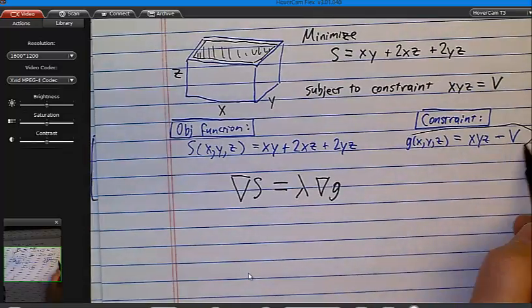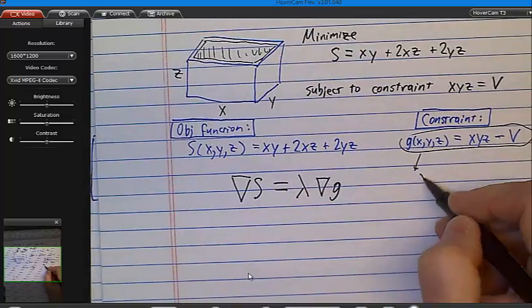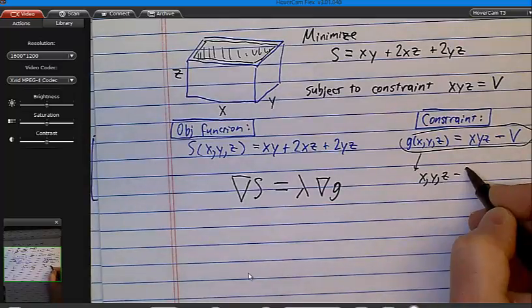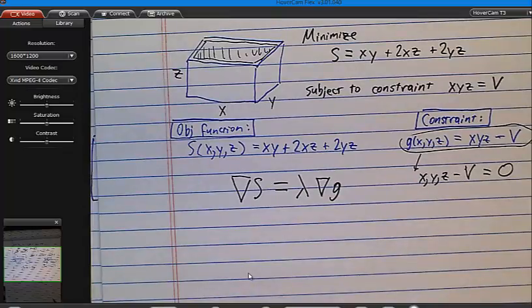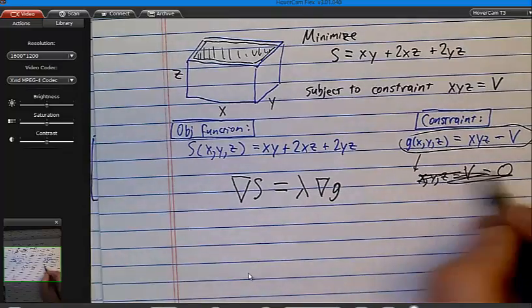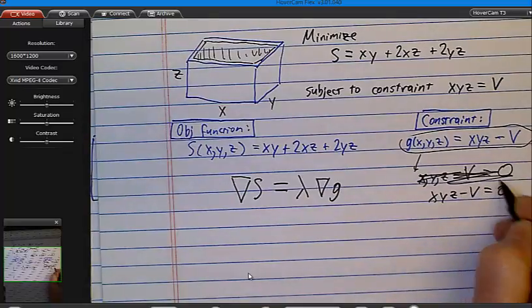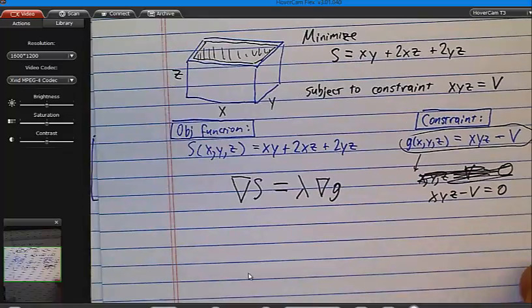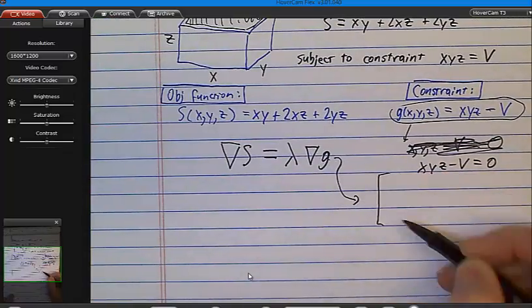So set that equal to 0, and so we get xyz minus V equals 0. That's one equation from the constraint. The other 3 equations are going to come from here. Let me write them down.